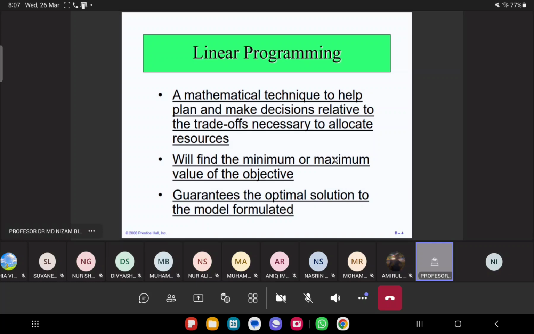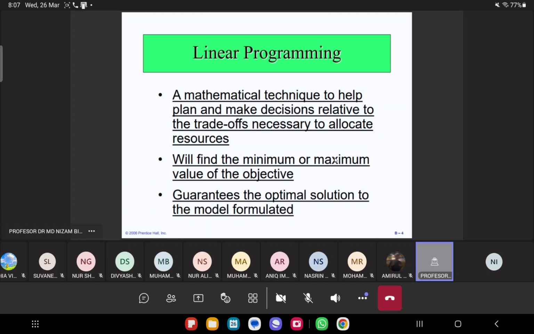When you talk about optimizing your operation, you can either maximize something or minimize something. If your focus is on profit, then you want to maximize profit. If your focus is cost, then you can minimize cost.